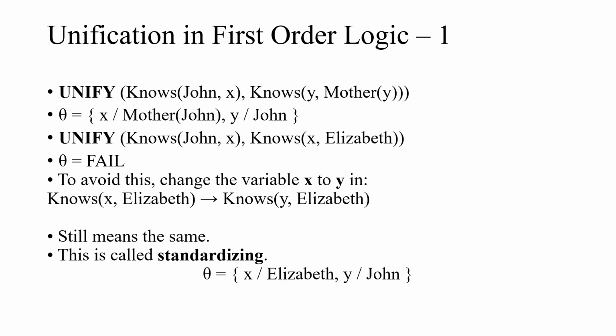So how do we store the variables? Theta equal to x is given by Elizabeth, y is given by John. Here we can use the standardizing technique, with y as a new variable name for assigning these different variables. This is the process of the critical term.